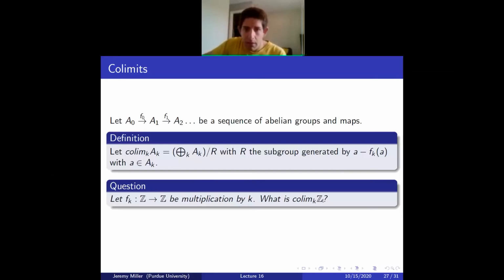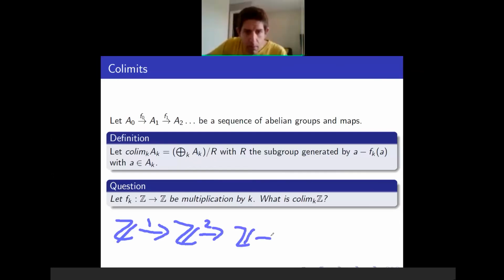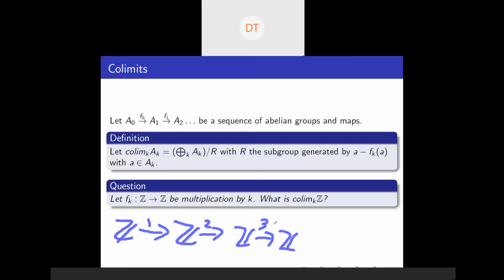Like identifying every integer with all of the integers that divide it? Was this a question or a statement? The statement maybe? Yeah, so what you're saying is, okay, we're identifying 1 with 1 over 1.